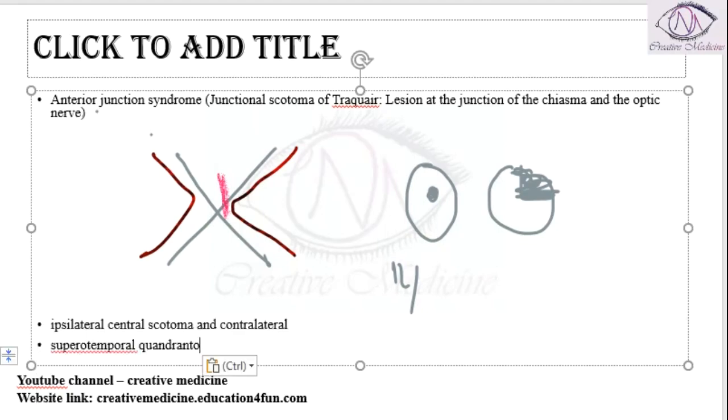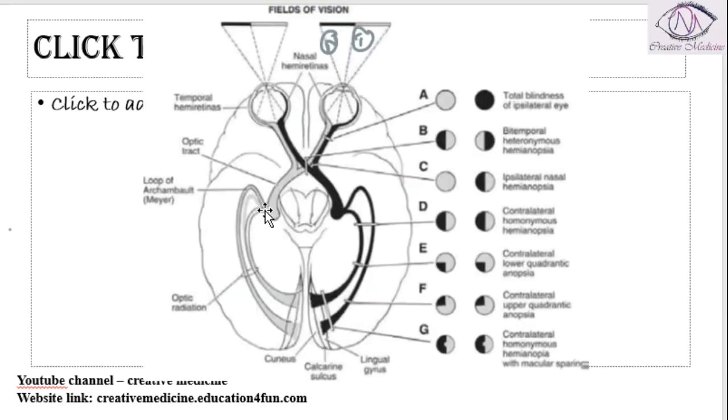Then, if there is a lesion in the optic tract, that means ipsilaterally the temporal retina is lost, and contralaterally the nasal retina is lost.